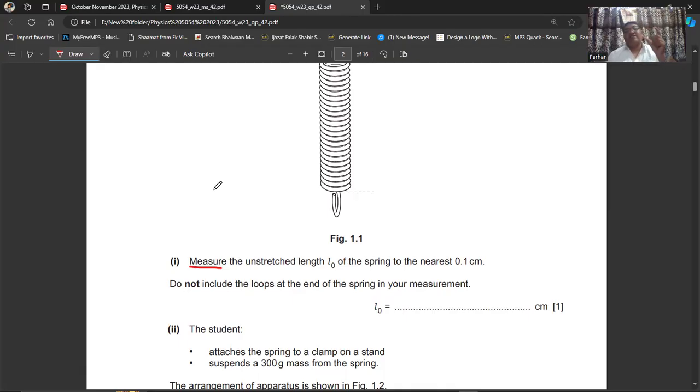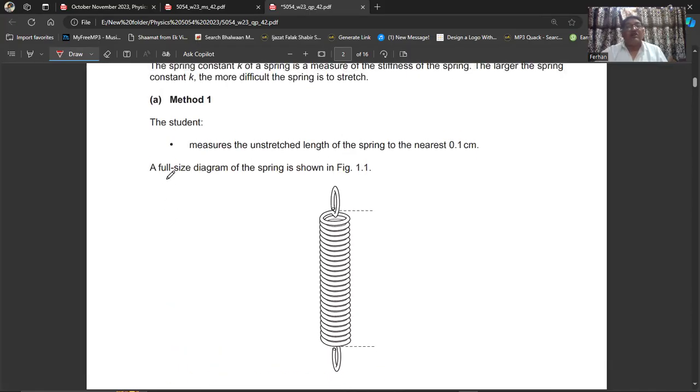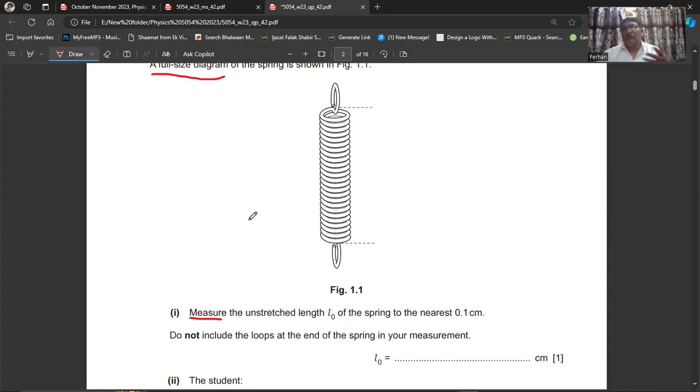The important thing is the word measure, and also the words full-size diagram. With the help of the scale, I will measure this length. Measure means use your instrument to measure whatever quantity they are asking you to measure. Here they are asking you to measure the length, and this is a full-scale diagram.